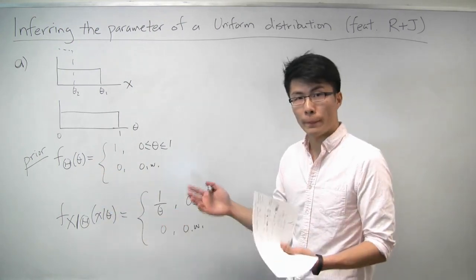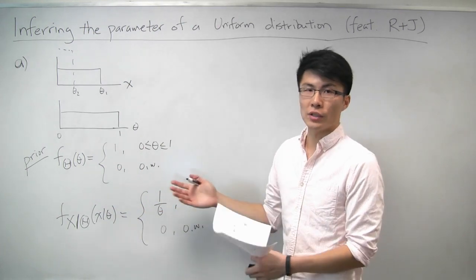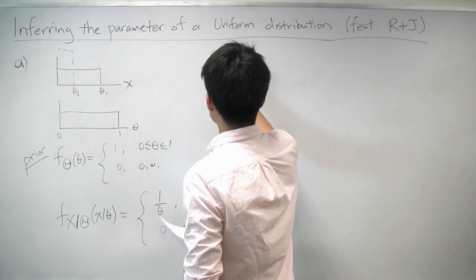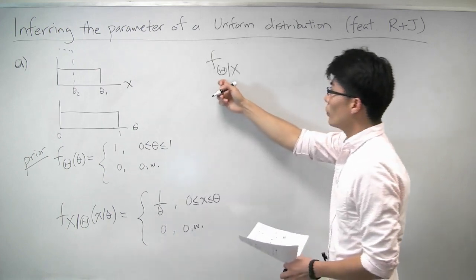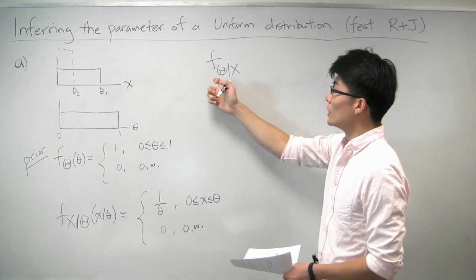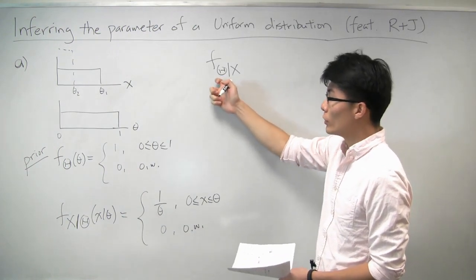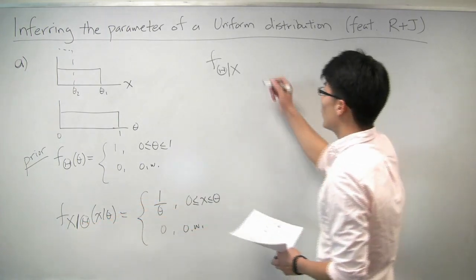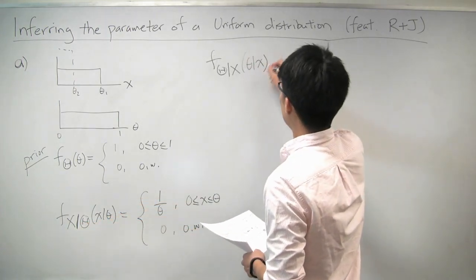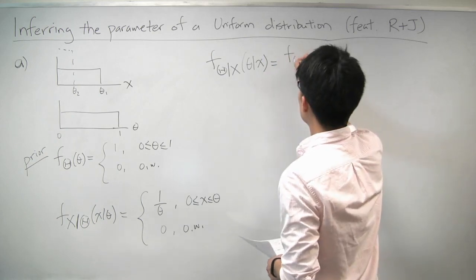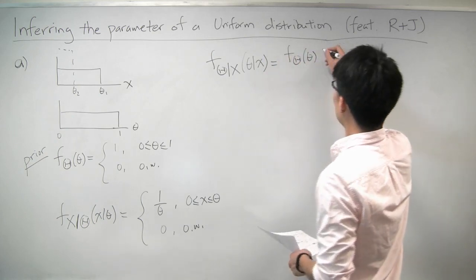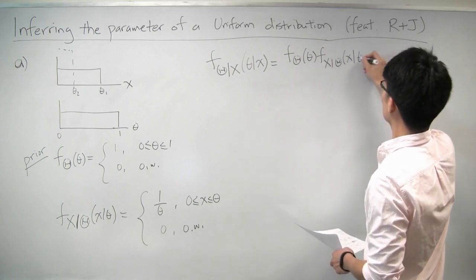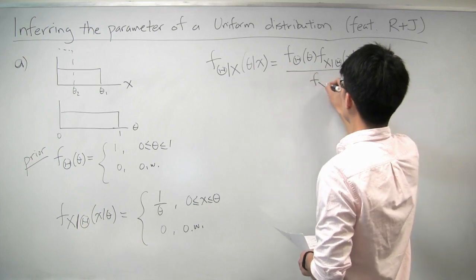In order to do that, we use Bayes' rule, which is why this is called Bayesian inference. Remember, with Bayes' rule we want to find the posterior, which is the conditional PDF of theta, the unknown parameter, given x. So essentially, we just flip this conditioning. And remember, Bayes' rule is just the prior times the conditional PDF of x given theta, divided by the PDF of x.